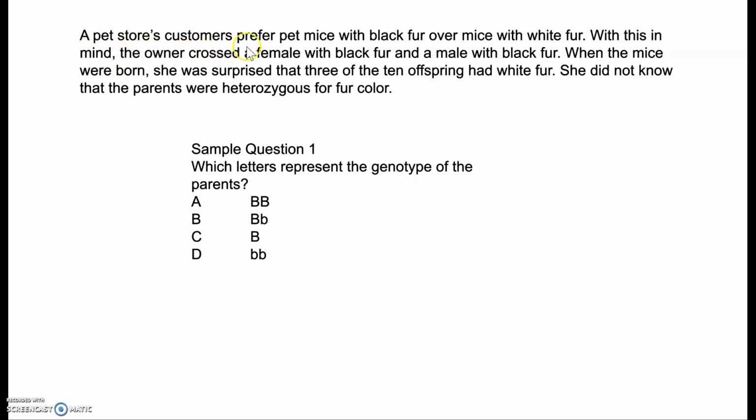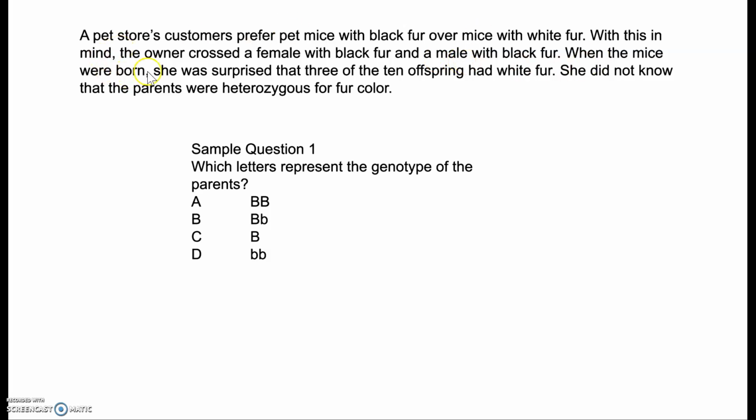A pet store's customers prefer pet mice with black fur over mice with white fur. So I'm going to circle white fur and black fur because I know that I'm doing a genetics question. With this in mind, the owner crossed a female with black fur, so I'm going to circle female with black fur, and a male with black fur, and I'm going to circle male with black fur.